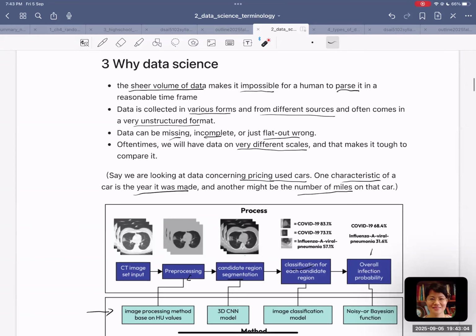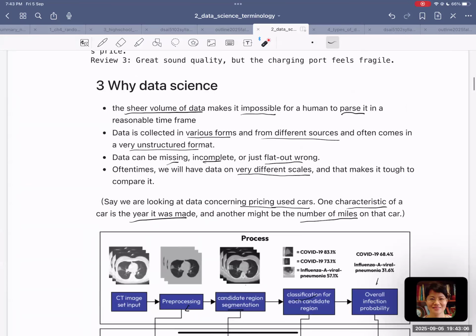And here we can see, for example, the first one: the sheer volume of data makes it impossible for a human to process it in a reasonable time frame. Data is very huge, but if you take data science as a weapon, if you grasp what it is, it will help you analyze the data.